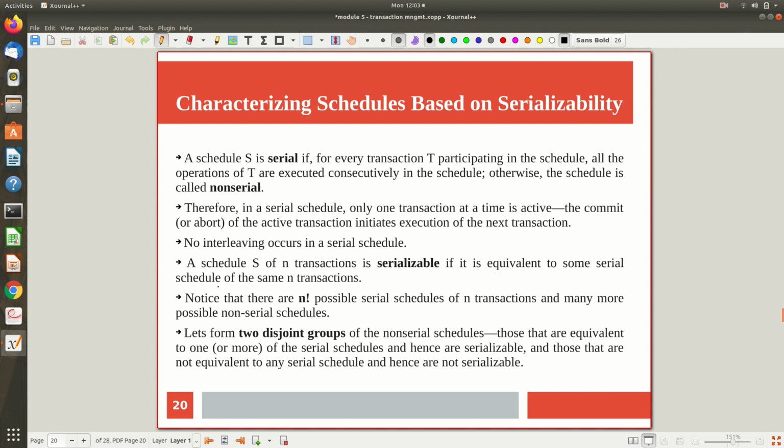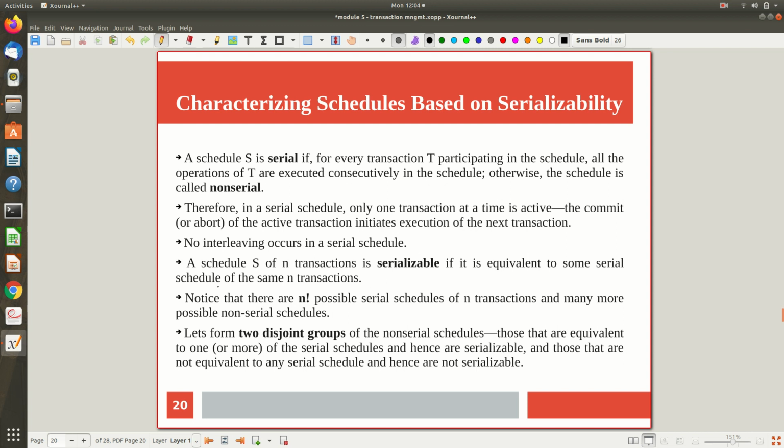Characterizing schedules based on serializability. Okay, so you understood what a schedule is and what conflicting operations within a schedule are. Now let's see whether a schedule is serial or not. That is the first thing we have to discuss: what is a serial schedule. If it is not a serial schedule, it is definitely because of the influence of conflicting operations.